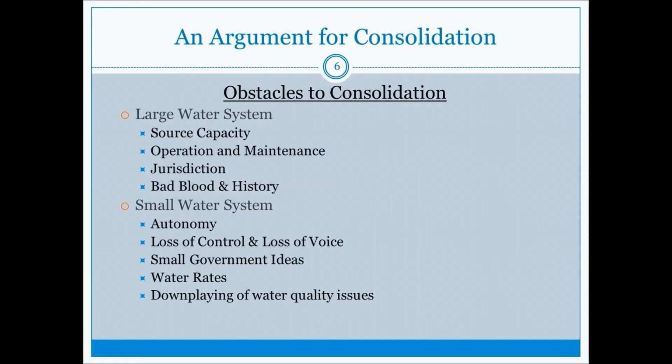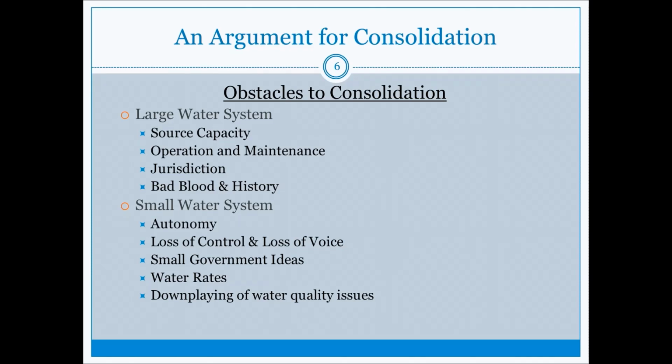So I want to talk about the obstacles of consolidation, and here it may come across that I'm trying to overcome these obstacles as I'm listing them out, and I apologize, but oftentimes that's what we're doing, trying to overcome those obstacles. So for a large water system, source capacity may be an issue. They may not just have enough water to bring on X additional customers.